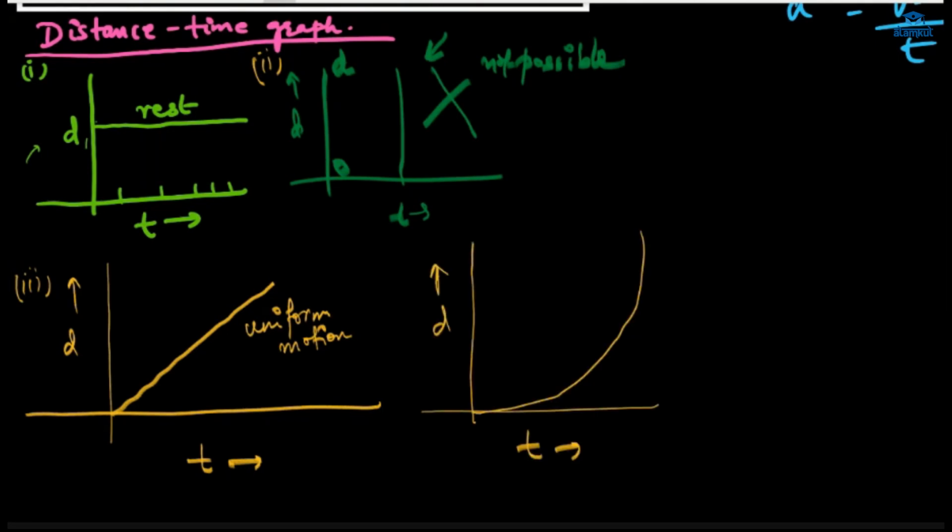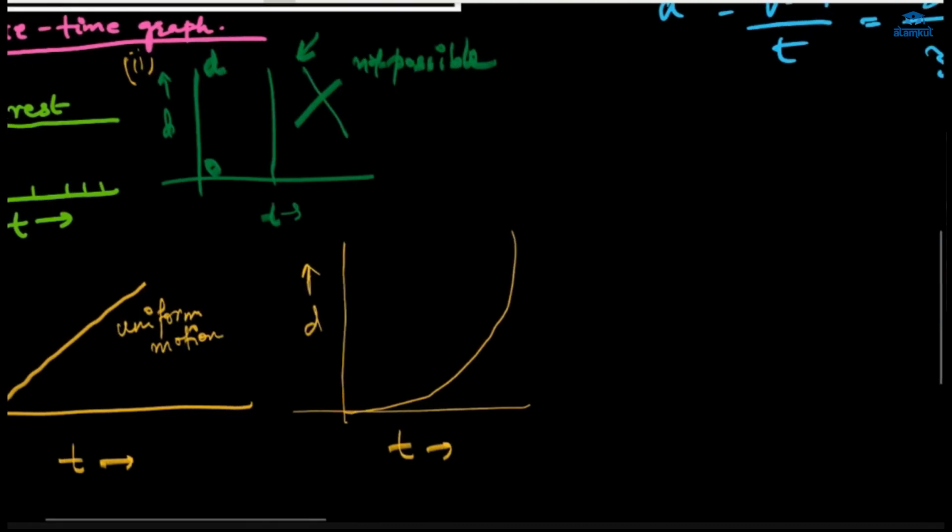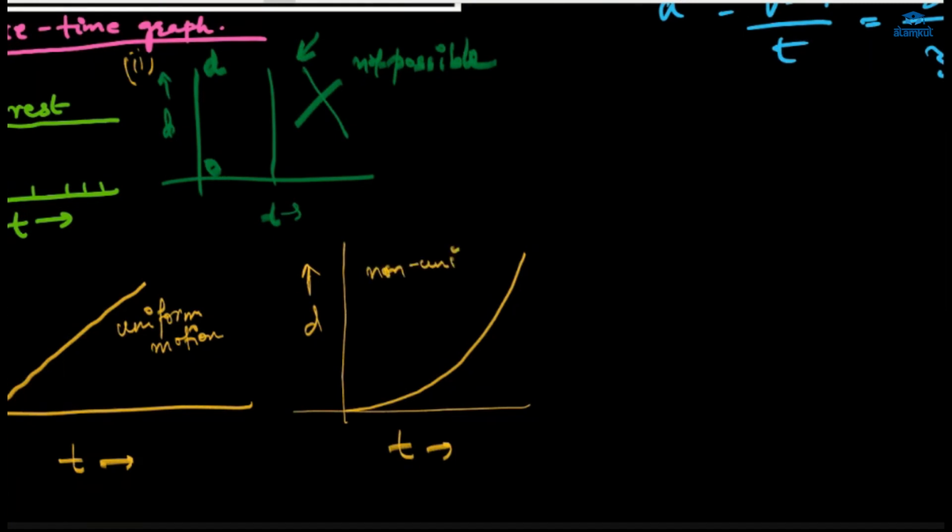Ma'am, it's going exponentially. Yes, it's going exponentially. It starts off slow, then it goes faster, faster, faster. Ma'am, what's happening is it's accelerating. Yes, it's accelerated motion, non-uniform motion.